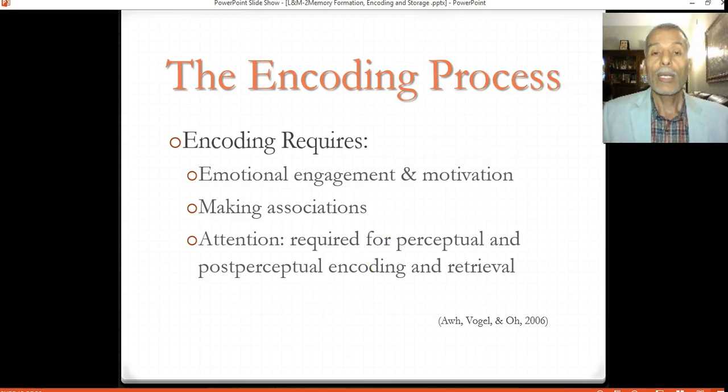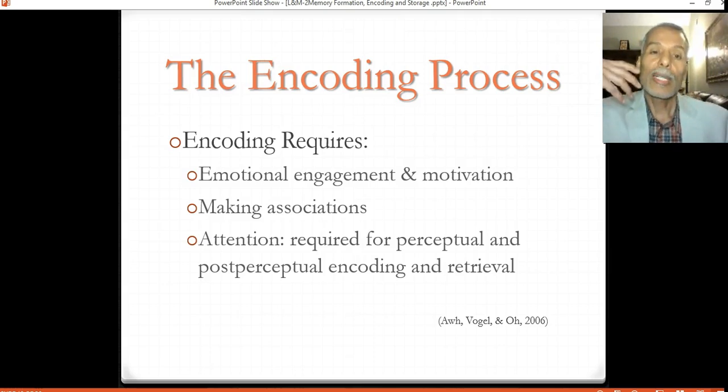So encoding, taking in new information and analyzing that information and sending it for transfer to the storage sites, requires, number one, emotional engagement for the process to actually happen. You have to be emotionally invested, interested.